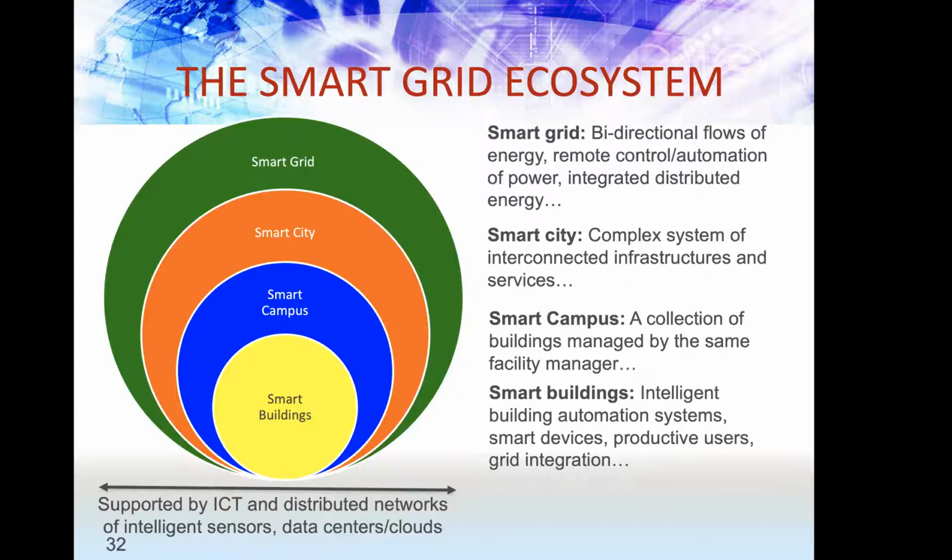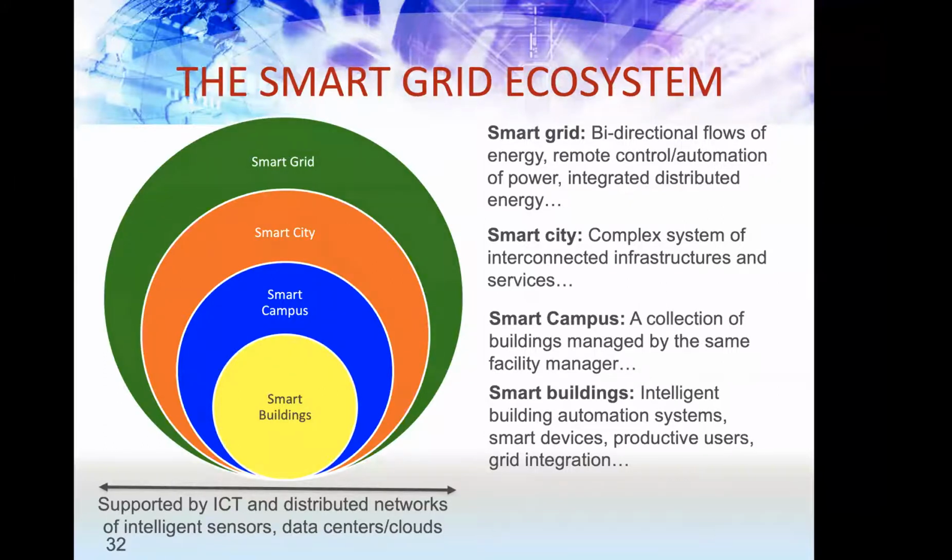And then all of those belong in a smart grid, which allows bi-directional flow of energy, remote control automation, and integrating these fluctuating solar and wind sources. This is the big ecosystem I'm working on.